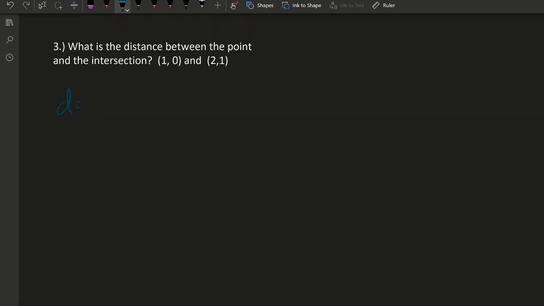Distance is equal to the square root of (x2 minus x1) squared plus (y2 minus y1) squared. Labeling this x1, y1, x2, y2, I would have the square root of (2 minus 1) squared plus (1 minus 0) squared. So 2 minus 1 is 1, and 1 squared is 1. 1 minus 0 is 1, and 1 squared is 1. 1 plus 1 is 2, and the square root of 2 is the square root of 2.